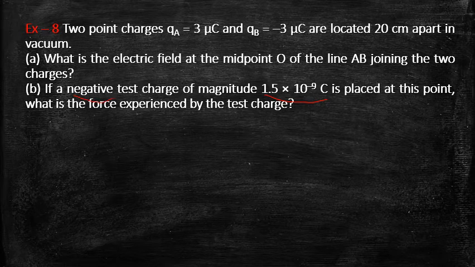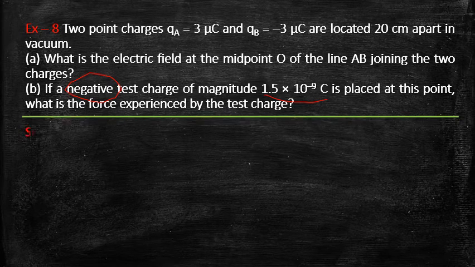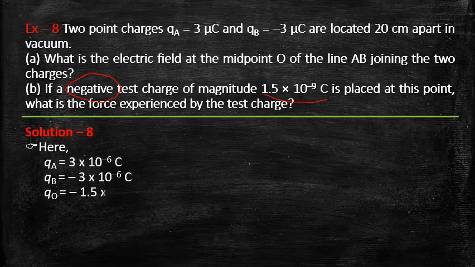So let us first collect data. Here we have QA and QB given, and the distance between them is also given, 20 centimeter. Apart from that we have one more charge QO placed at the midpoint, which is minus 1.5 into 10 raised to minus 9 coulomb. What are we asked to find out?